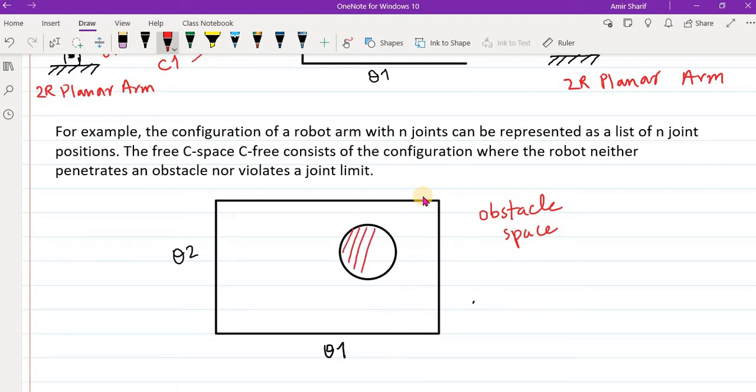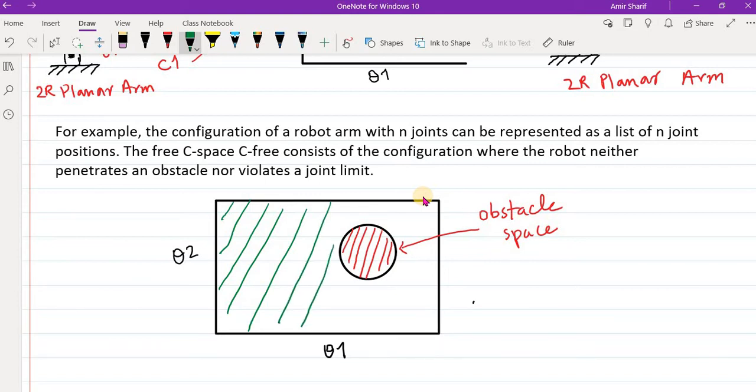This is the obstacle, and the space occupied by it we call the obstacle space, and the other region that is not occupied by any kind of obstacle in the C space, we call C free, and the whole region we call the C space.